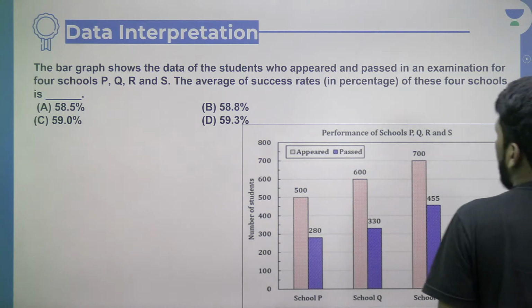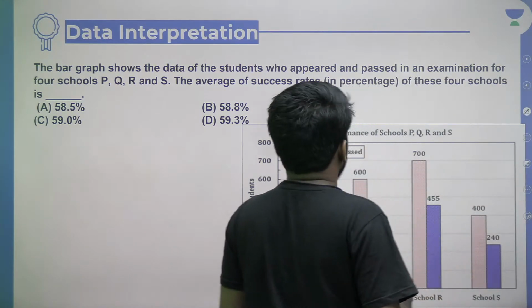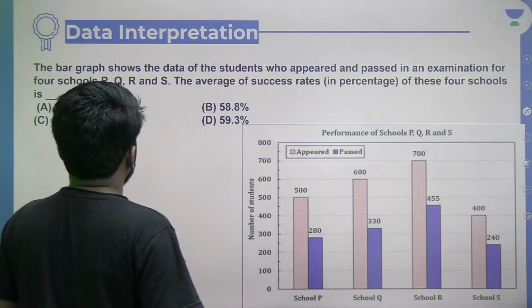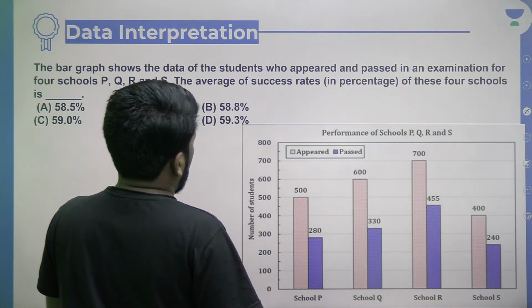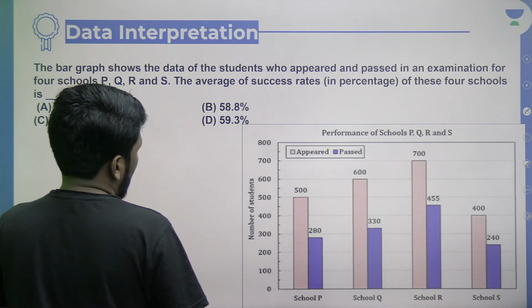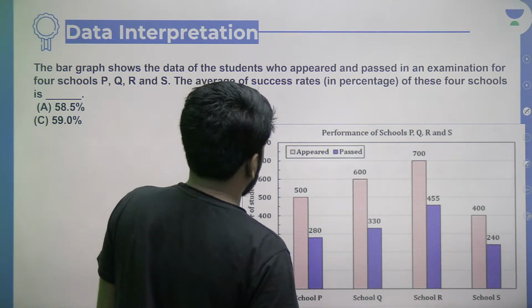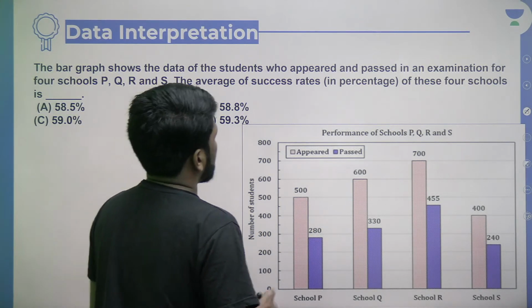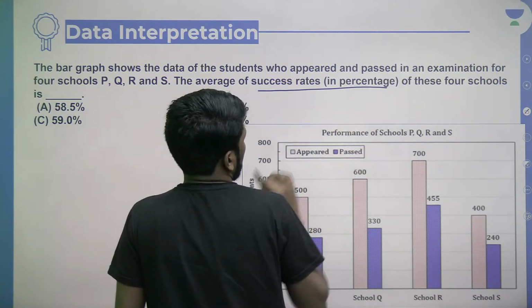The bar graph shows the data of students who appeared and passed in an examination for 4 schools P, Q, R, S. The average of success rates of these 4 schools is asked. So what is success rate? Success rate in percentage.